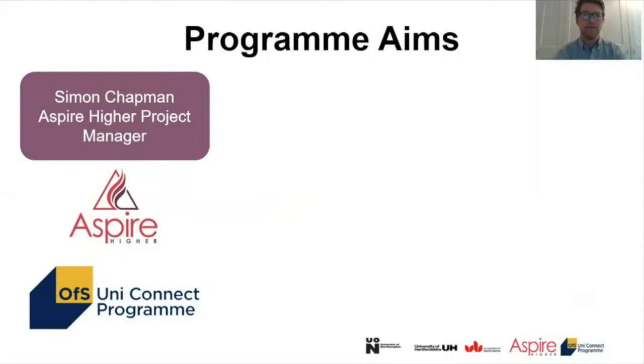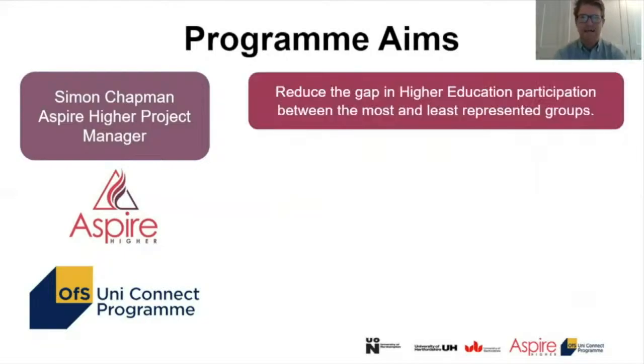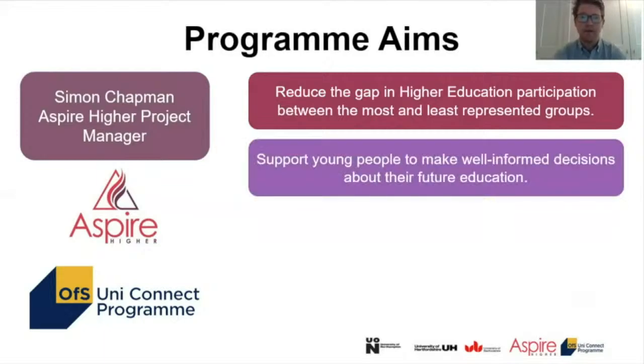Many of you attending today will have heard of the UniConnect programme and its aims and objectives, but some of you may have not. So I thought it'd be important to go through those now. So our key objectives are to reduce the gap in higher education participation between the most and least represented groups. We also aim to support young people in making well-informed decisions about their future education and the routes they take.